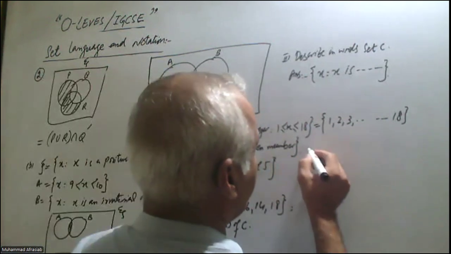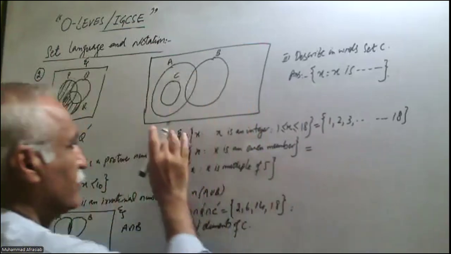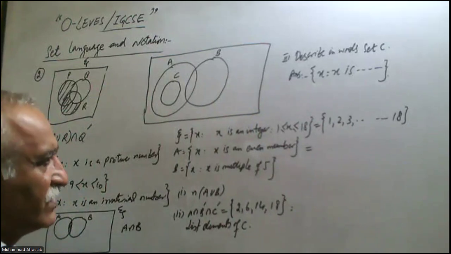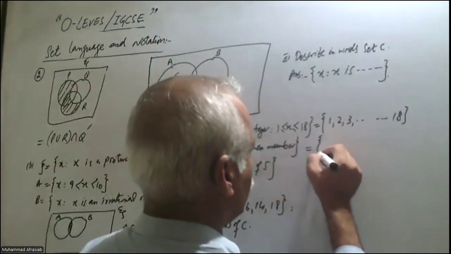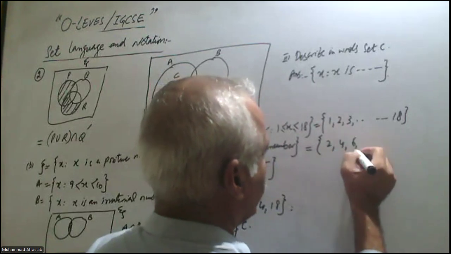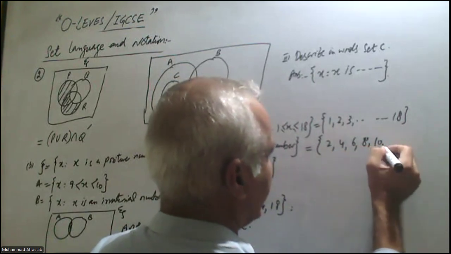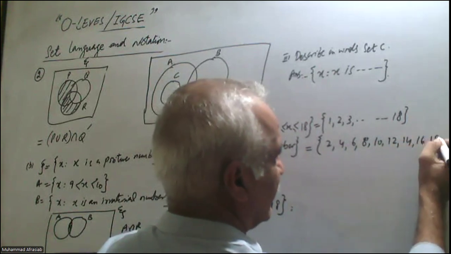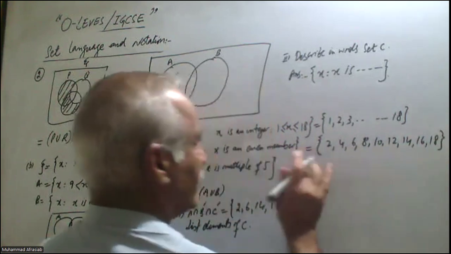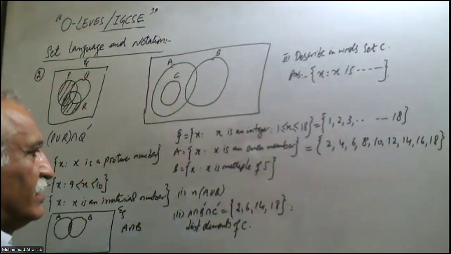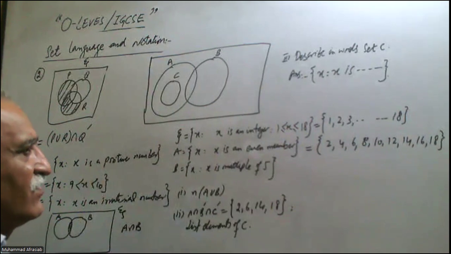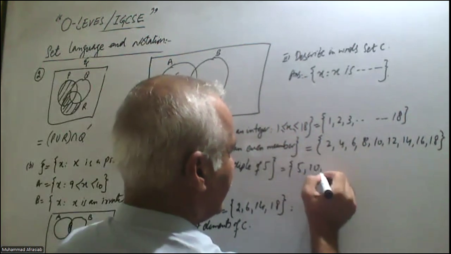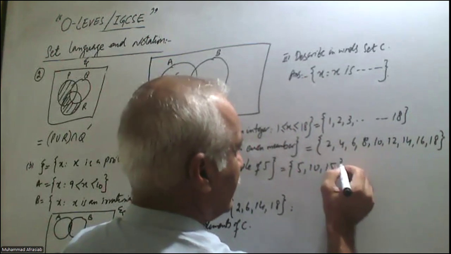A should be a subset of this universal set, so it is equal to 2, 4, 6, 8, 10, 12, 14, 16, and 18. So this is the set A. B, X is a multiple of 5, so it is equal to 5, 10, 15.